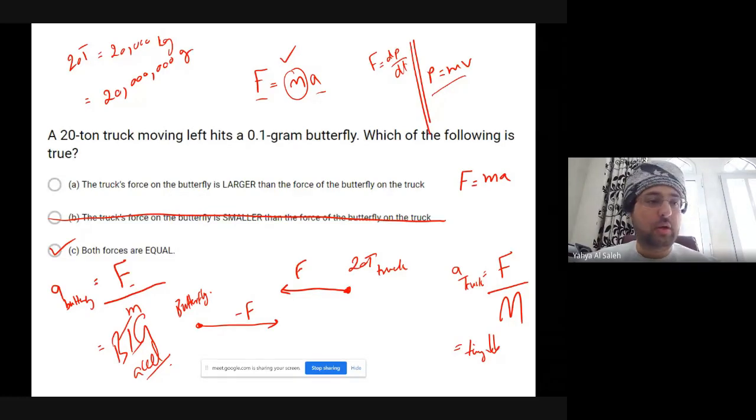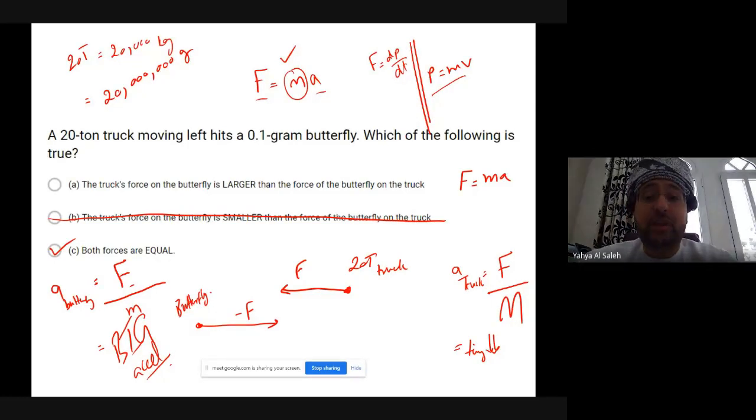But in general, we agree that it's going to change a very, very tiny amount, correct? It's not really going to be changing a lot. If any, it's going to have a very, very, very tiny change. Okay. But the velocity of the butterfly, we agreed, is going to be changing a lot.